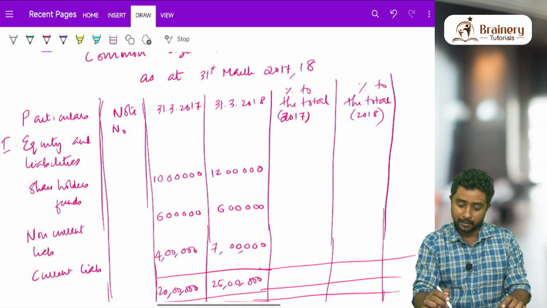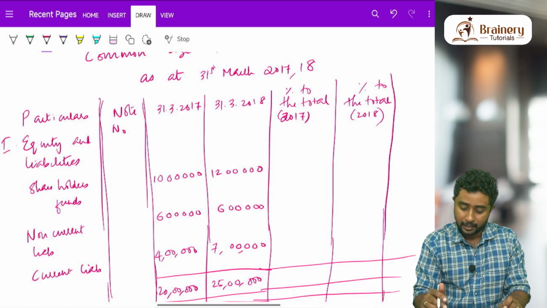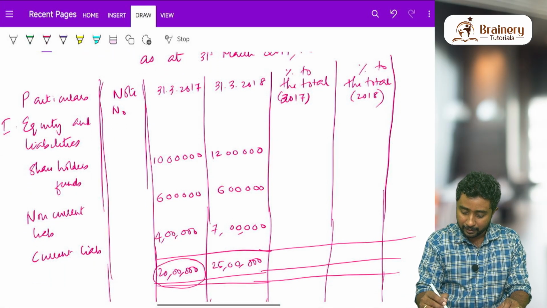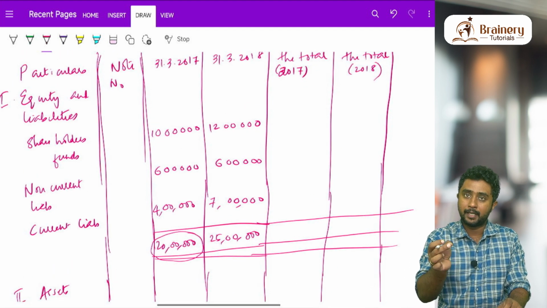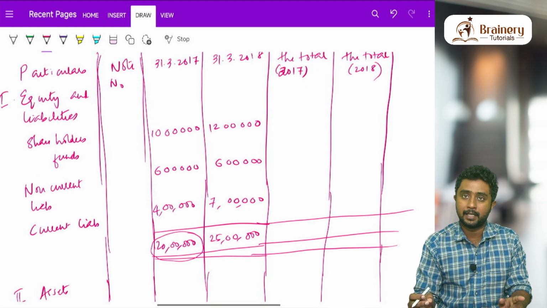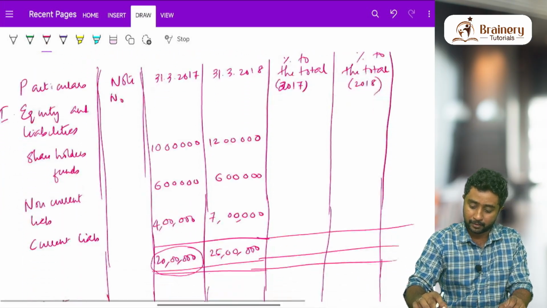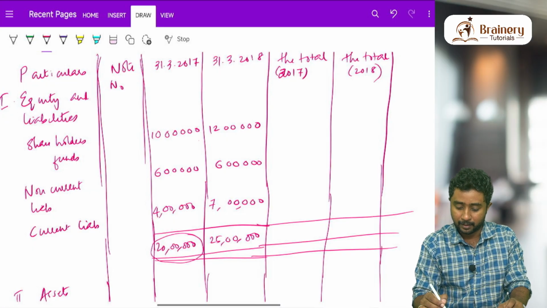As you can see, shareholders funds is given there as 10 lakhs. We will take the total value of that particular year, given here as 20 lakhs, and divide each amount by that value and multiply it by 100. We are basically converting it into percentage: each value divided by the total of that particular year, into 100.